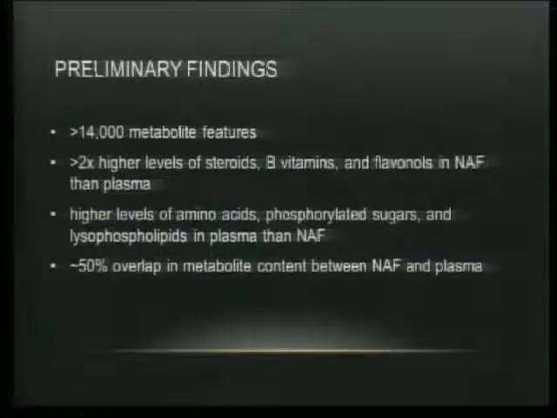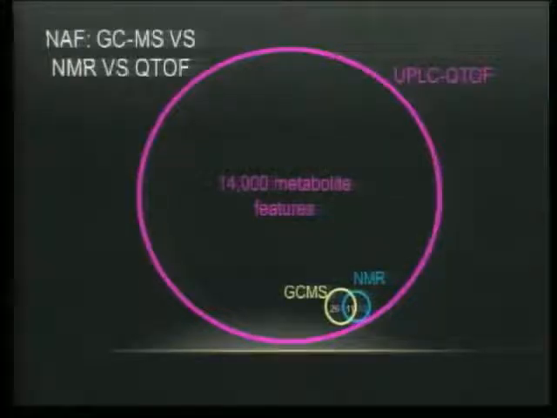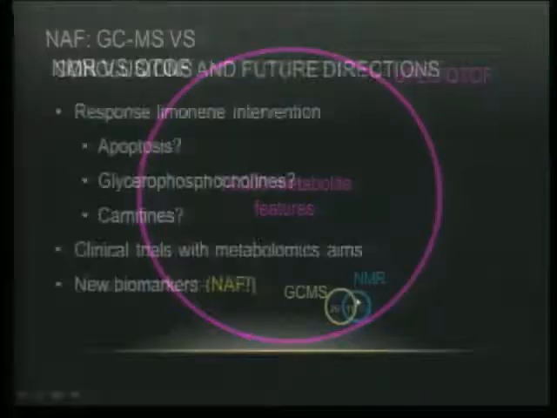And it seems like there's about 50% overlap in metabolite content between NAF and plasma, but we haven't really gone in and investigated the data enough to know exactly how much overlap. But this is our guess. And so this is just to make a point that we're able to see a lot more stuff with more sensitive instrumentation, like a QTOF rather than GCMS or NMR.